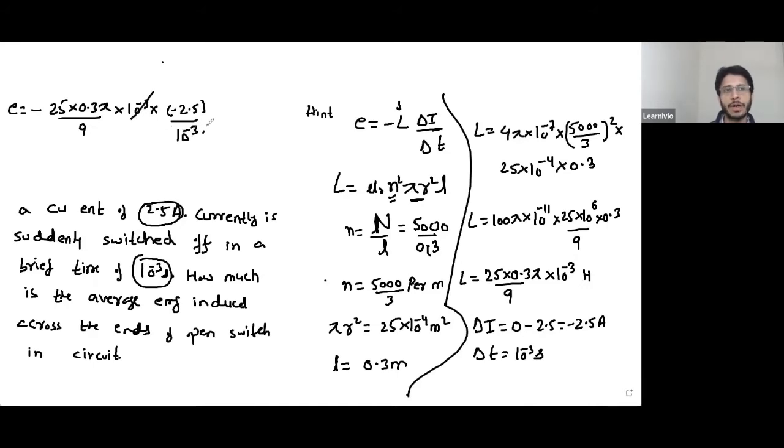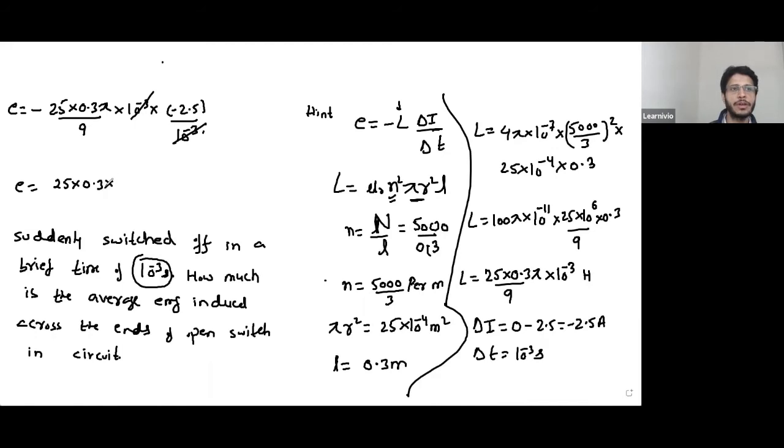So this 10 raised to the power minus 3 will cancel this 10 raised to the power minus 3. So you are left with just E, which is 25 into 0.3 into pi, which is 3.14, into 2.5, divided by 9. I am multiplying using my calculator.